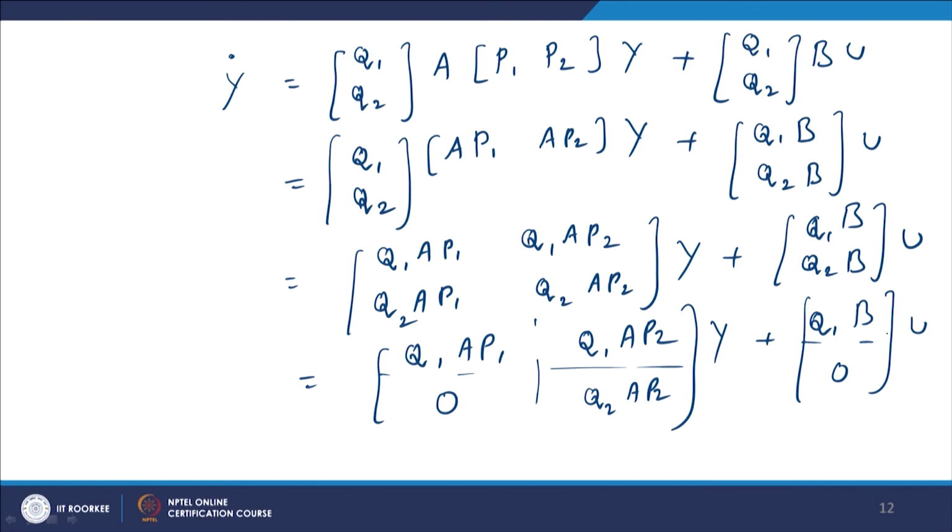So, if we write y to be an Rn vector, we will write it as y1 vector and y2 vector. The first r elements are called y1 and the remaining n minus r elements are called y2.